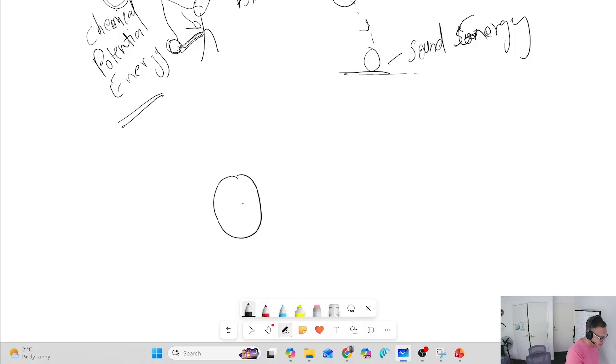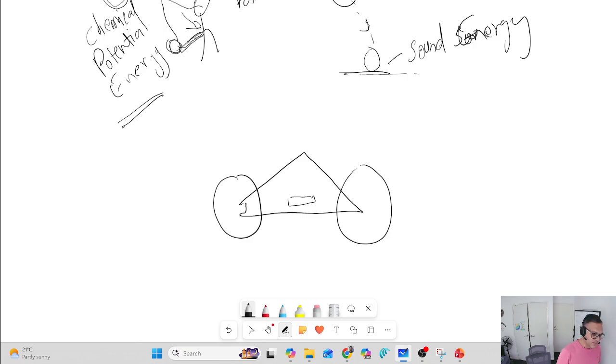So let me make a good cycle. This is the basic diagram, and let's say there's a pedal over here, and then another wheel. Now here, let's say a person is sitting and pedaling.